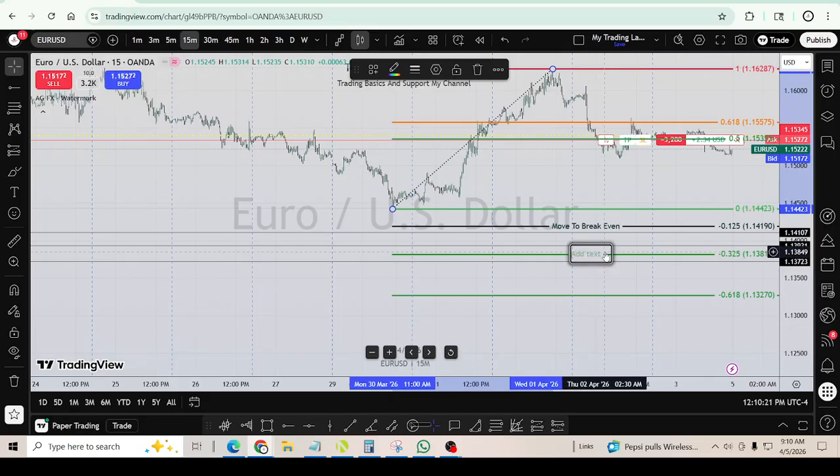I'm going to put move to break even, TP1, which stands for take profit, and then TP2, take profit target.